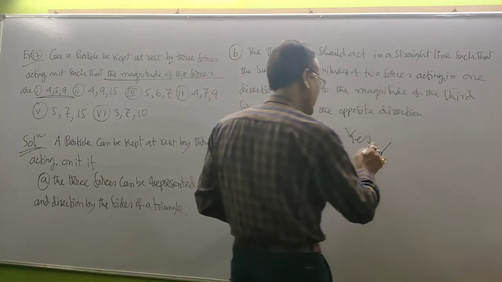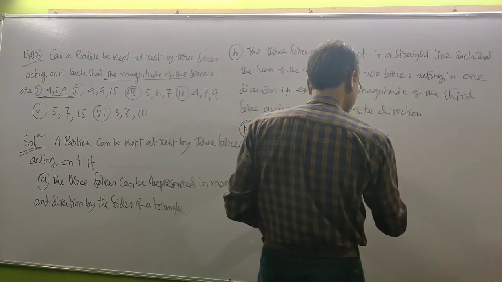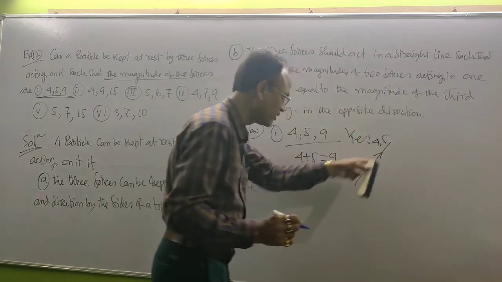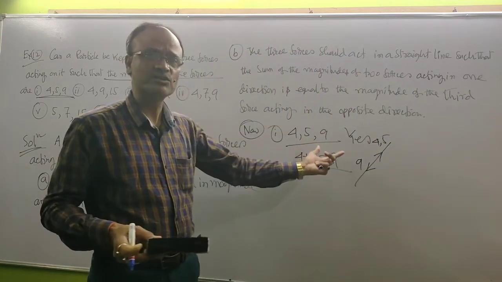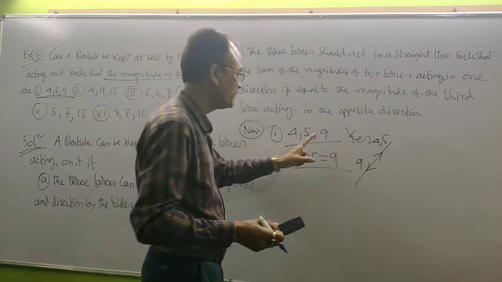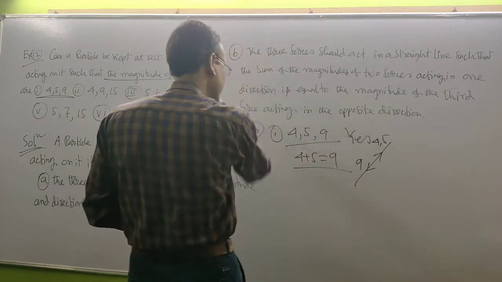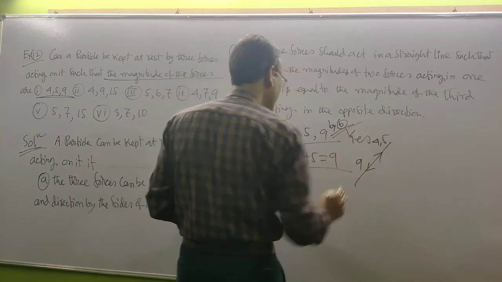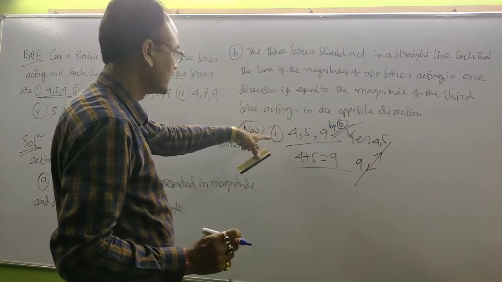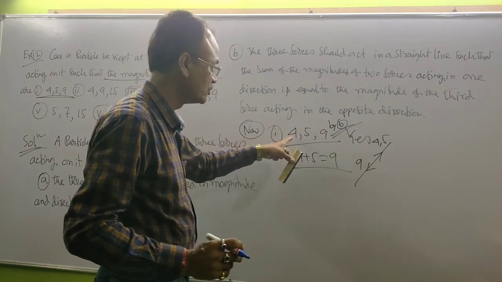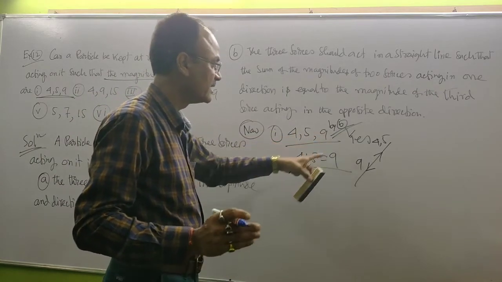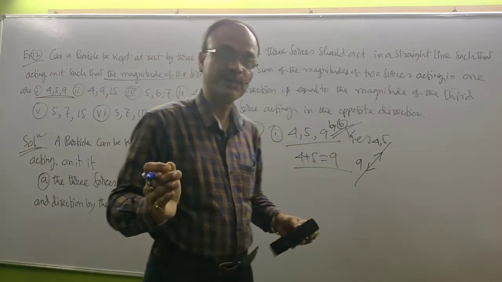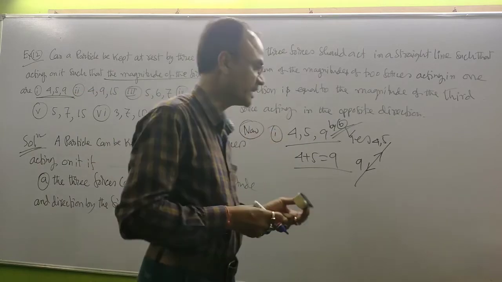The three forces are in equilibrium, by condition 2. The three forces of magnitudes 4, 5 and 9 can keep a particle in equilibrium.